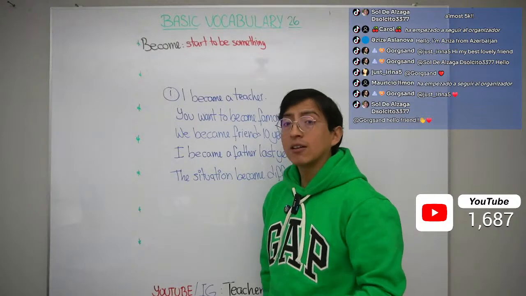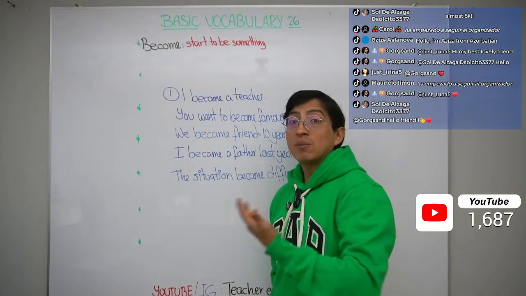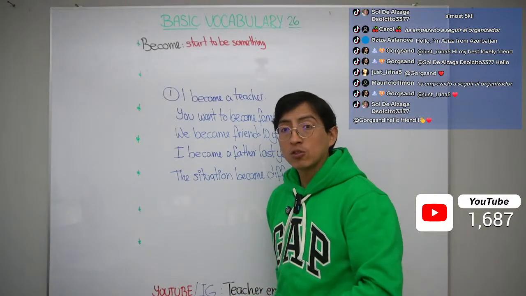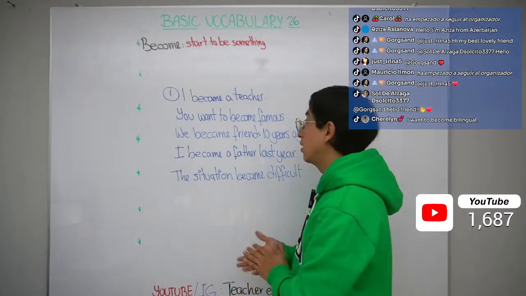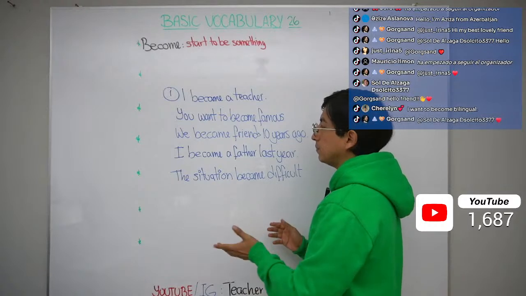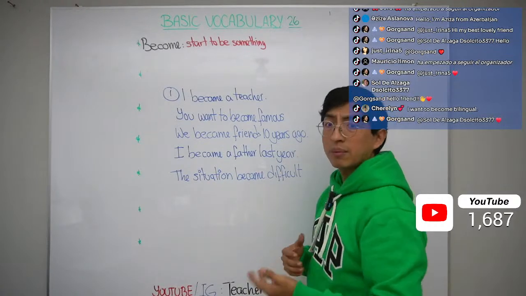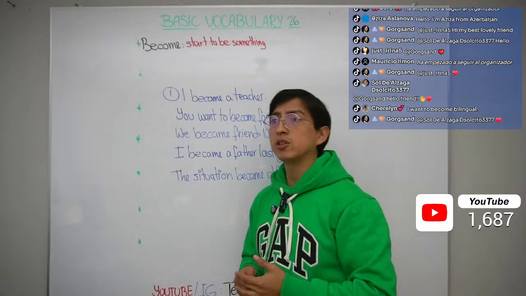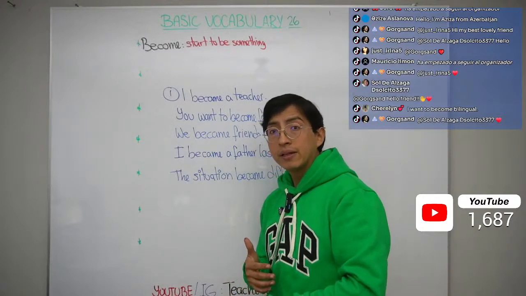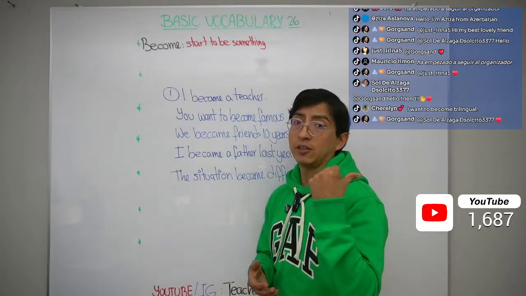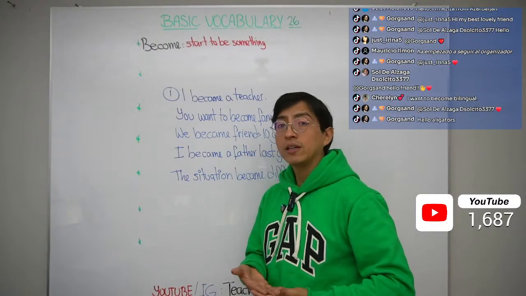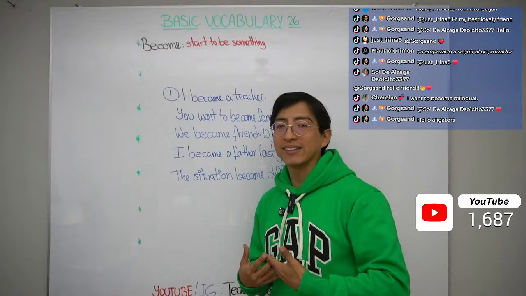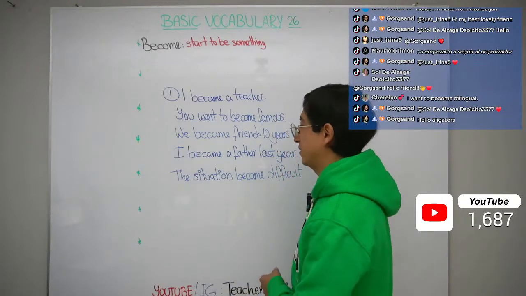En este caso también es lo mismo, ¿no? Nos convertimos en amigos o llegamos a ser amigos o empezamos a ser amigos hace 10 años. ¿Ok? Muy bien. I became a father last year. También puedes hacerlo de esa manera, ¿no? Me convertí en padre, yo llegué a ser padre el año pasado. El año pasado tuve una hija, un hijo, y pues ahora ya soy padre. ¿Ok? That's what we have here.